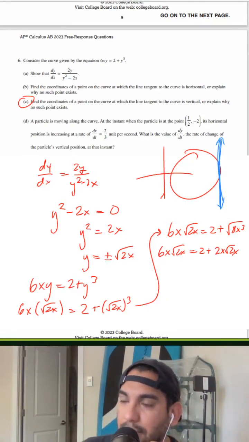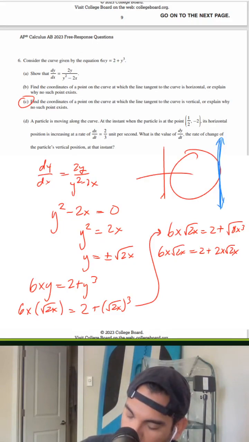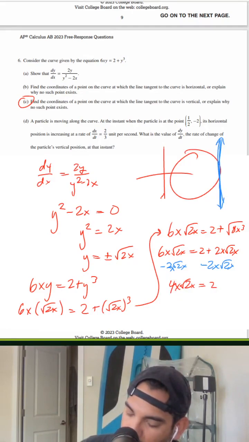Now this is kind of nice because I can go ahead and subtract the 2x root 2x to the other side. And so now we're left with 4x root 2x is equal to 2. I guess we can divide by 4 and get x root 2x is equal to 1/2.